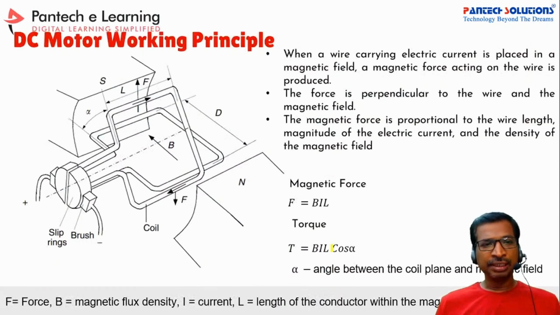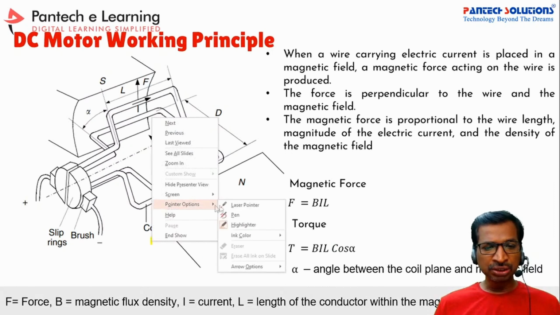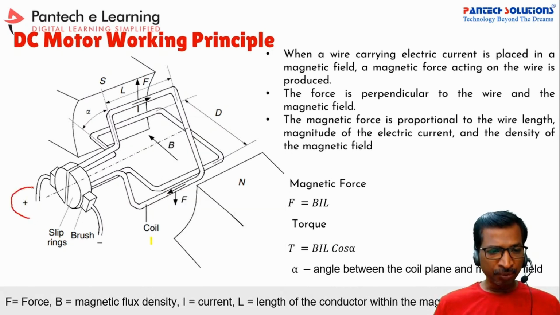So now let us take the working principle. In the DC motor there are two major parts: one is called the stator and the other is called the rotor. The stator will be a permanent magnet and the rotor will have a coil. Whenever you apply voltage to the coil, plus and minus, via the brush and slip ring, this voltage will be applied to the coil.